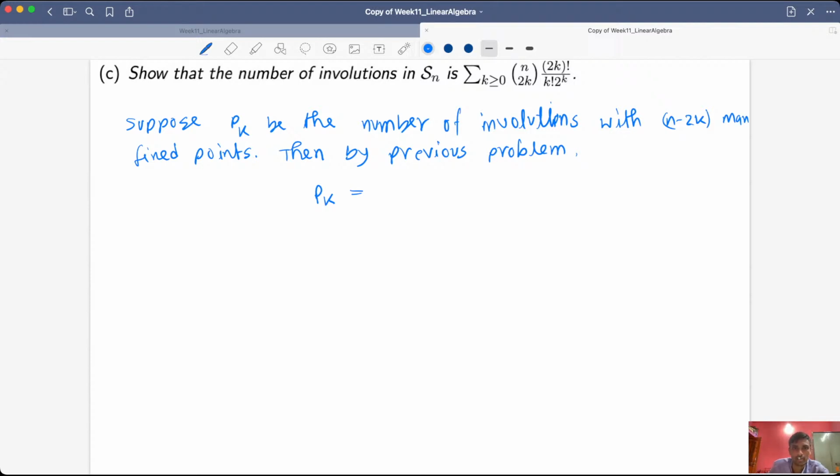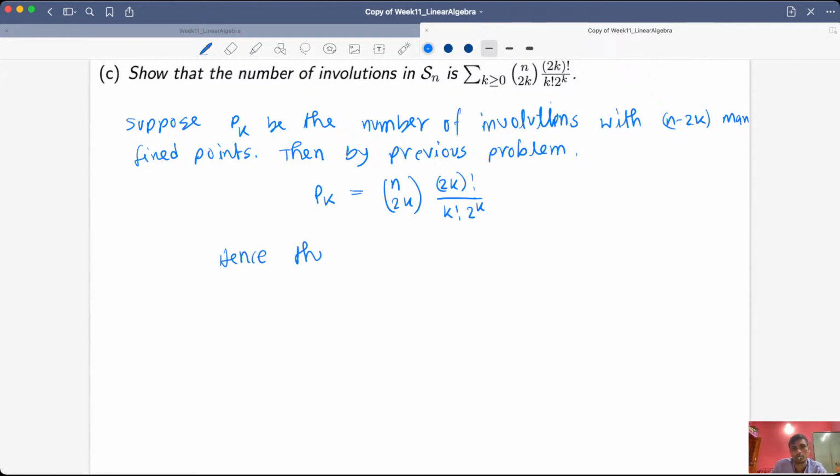And for each such choice, from the previous result you have 2k factorial by k factorial into 2 power k many involutions, since it is a product of k many transpositions. Then you just add all those things.